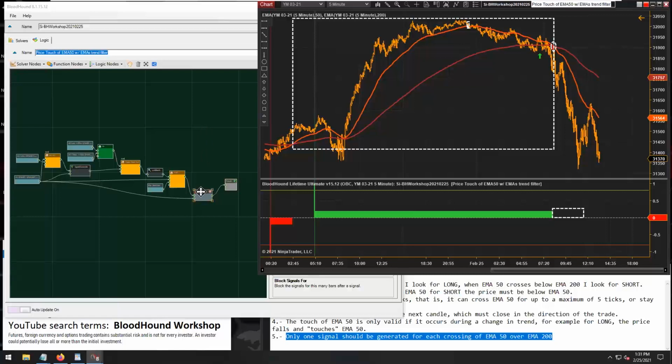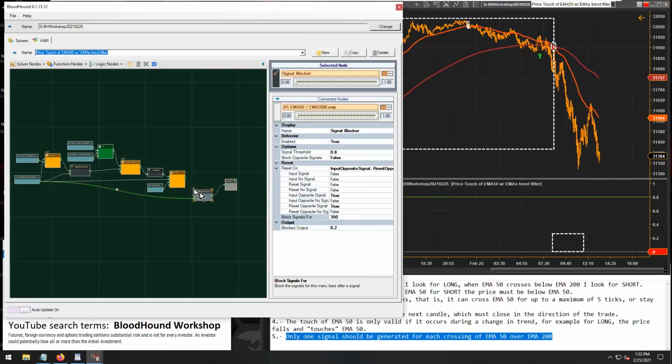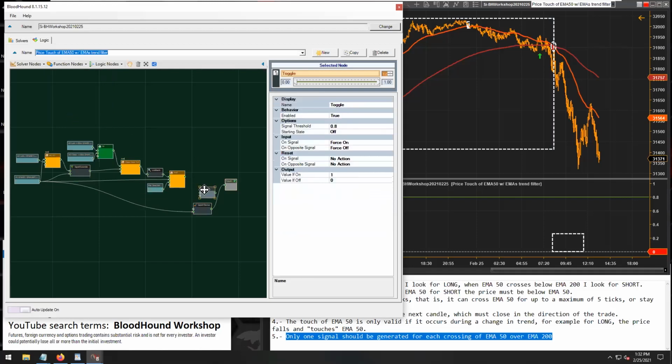So if you do not want to use the signal blocker, what we could do is, because we only want to see the first signal, we want to block the rest. What I'll do is disconnect the signal blocker there, so it's not being used. I could use the toggle node to effectively do the same thing as what the signal blocker is doing.